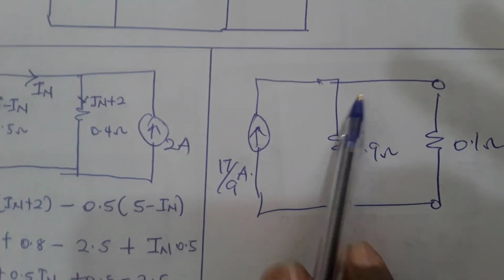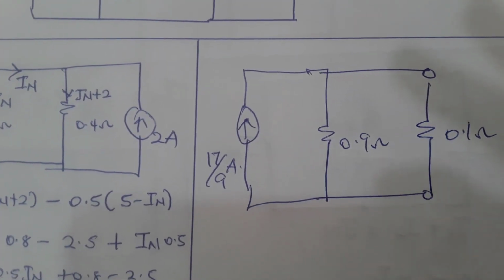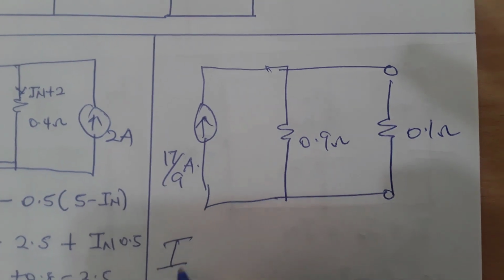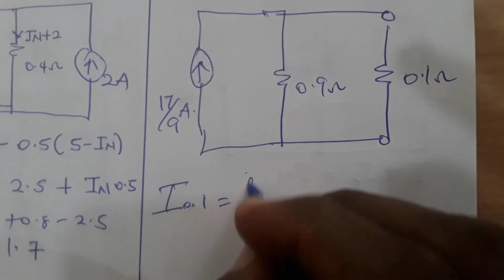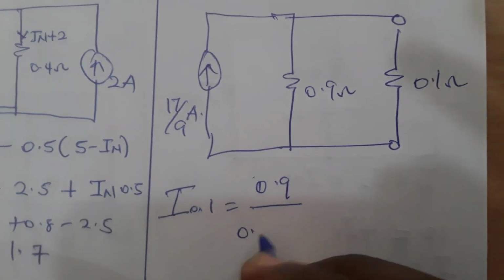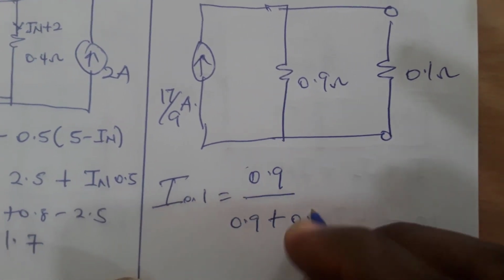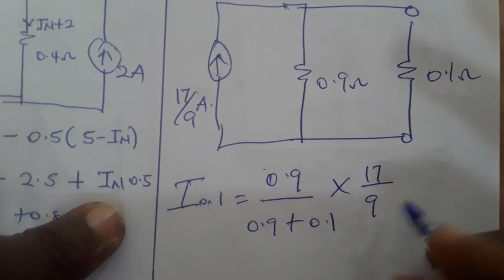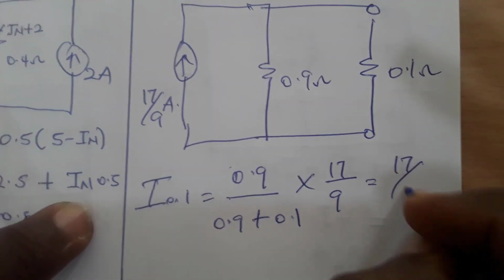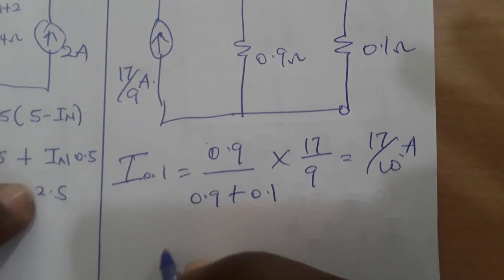So using current division, we can find the current flowing through this one. The current through the 0.1 ohm should be 0.9 out of 0.9 plus 0.1 times the total current, that is IN, 17 out of 9, and this should give us 17 out of 10 amperes.